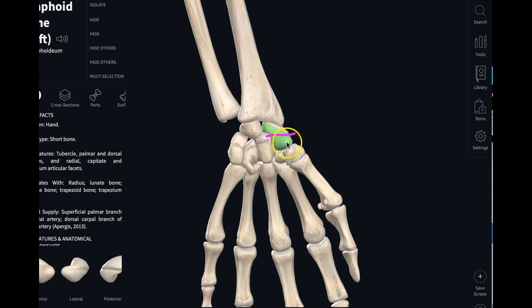That's its blood supply. So if you separate the two bones here, and there's no connection between the proximal and distal part of the scaphoid, this part of the bone will die.